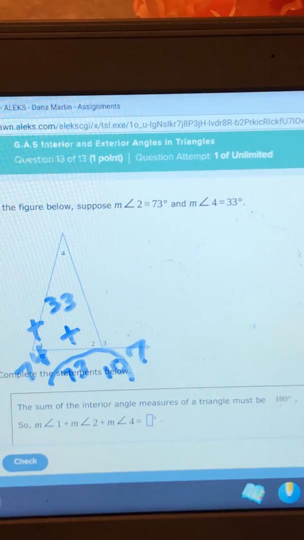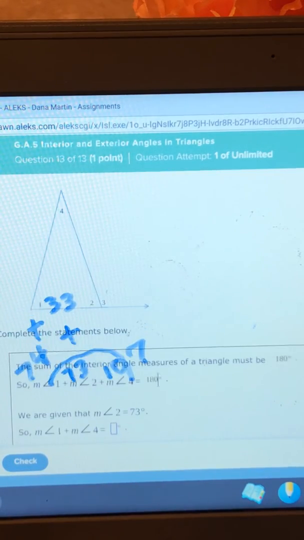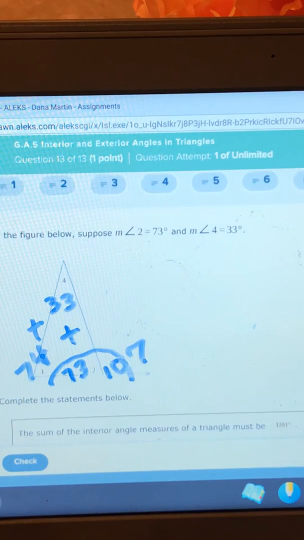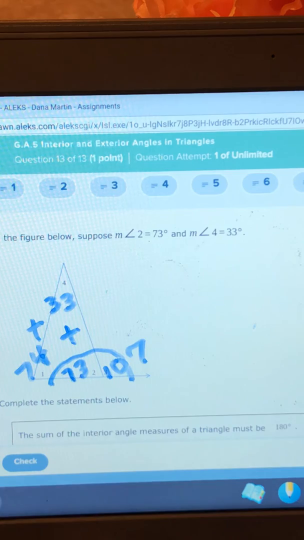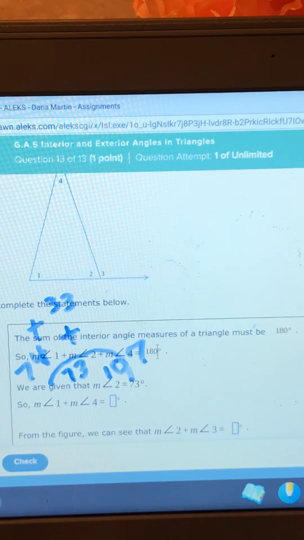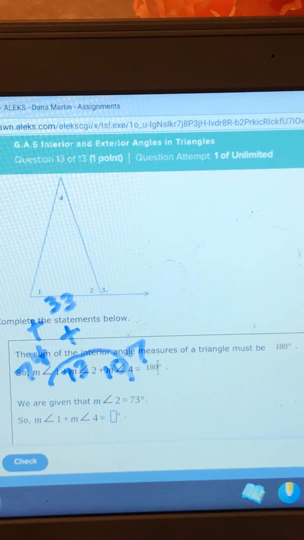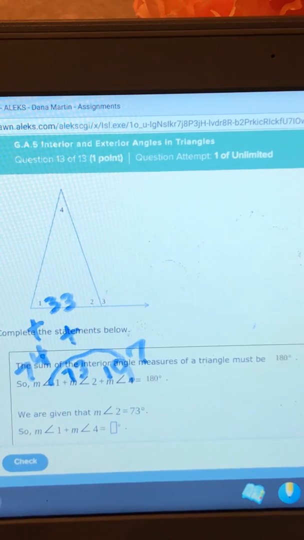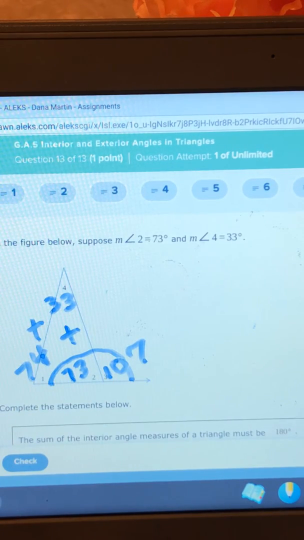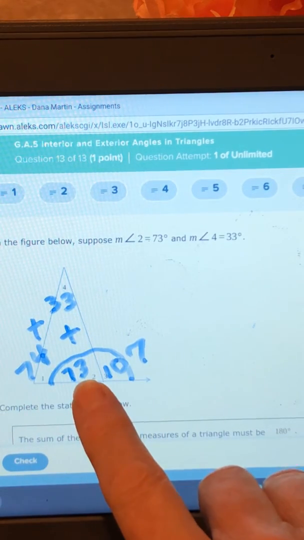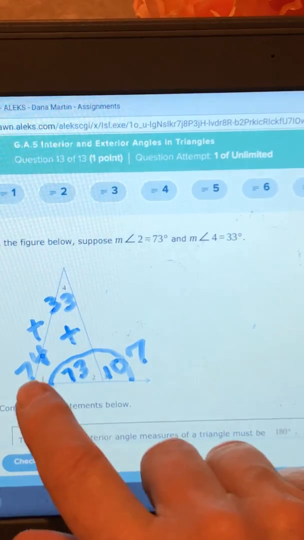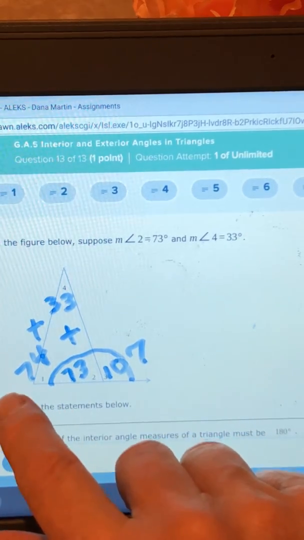Okay, then, that means that angles 1, 2, and 4 have to equal 180 when we add them together. Now, we're given that angle 2 is 73, so that's this one right here. So if that's 73, what does the measure of 1 and 4 equal?